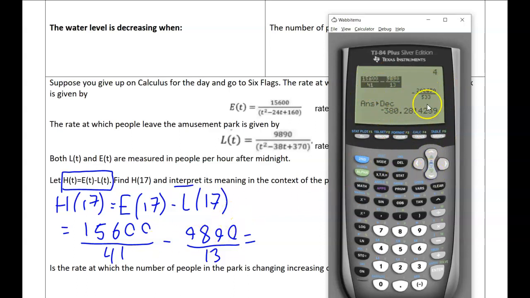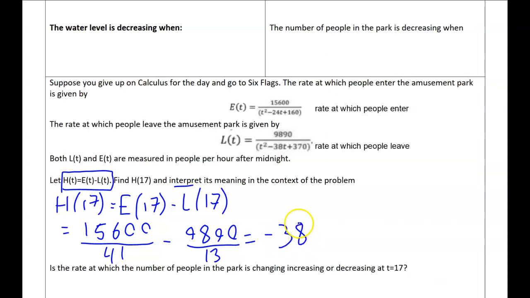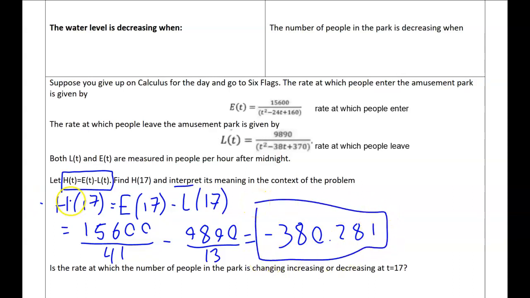So I just typed in my two fractions, let my calculator do that math, and then I'll show you how to do that. So here's my result, and then I can hit math and then 2, and then it spits out that decimal for me. So my result is negative 380.281. And that's my h of 17. That's my answer. We still have to interpret that meaning.